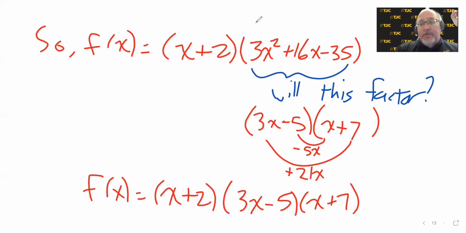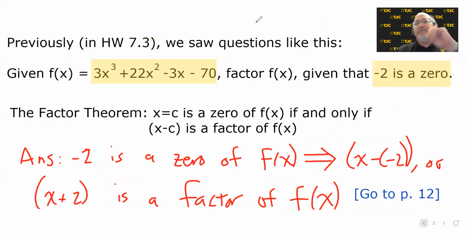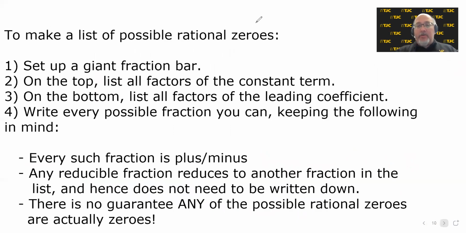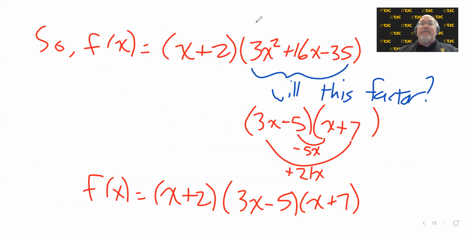If you tell me something, go back to page 2, like -2 is a 0 of the function, then the factor theorem tells me that x plus 2 is a factor. And then we can divide, like we did here, to find the other factor, which was 3x squared plus 16x minus 35, and then use that information to not only factor the function, but try to factor it further.